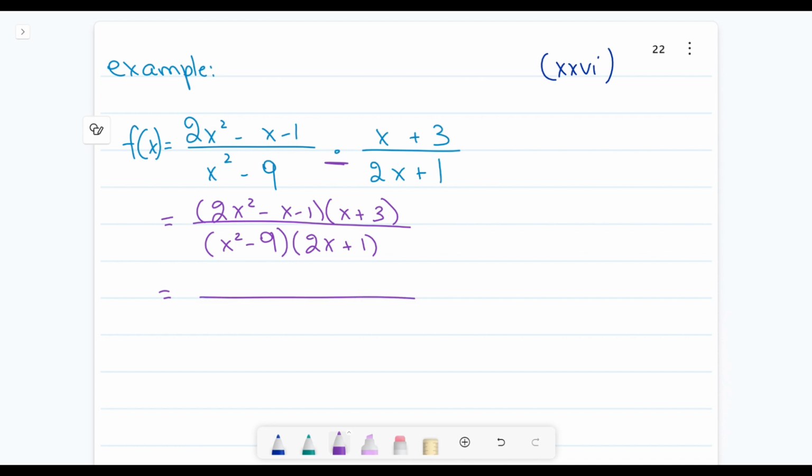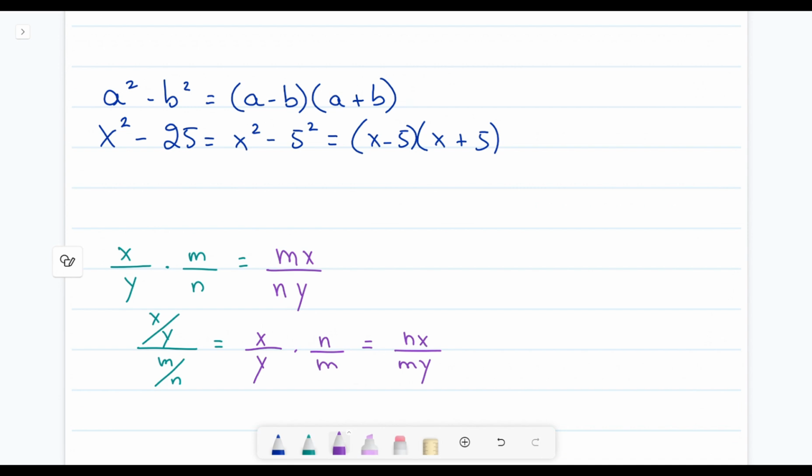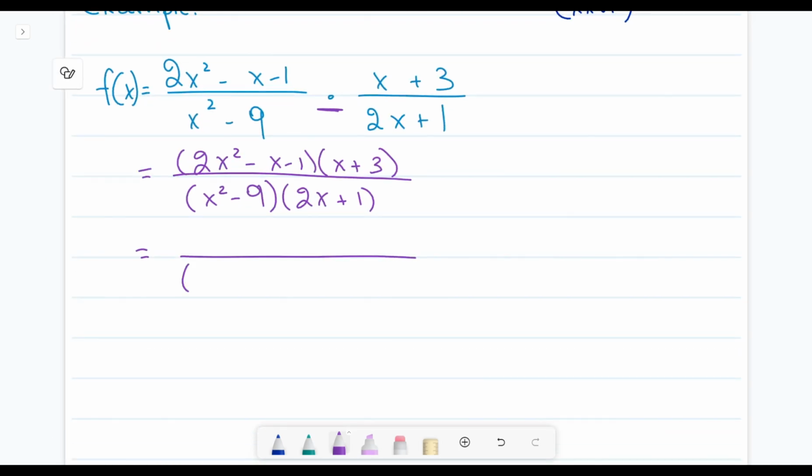So one thing we can do with the x squared minus 9, as we saw earlier, a squared minus b squared is a minus b times a plus b. So we can write x squared minus 9 as a minus b times a plus b, where x squared minus 9 is x squared minus 3 squared. So a is x and b is 3.